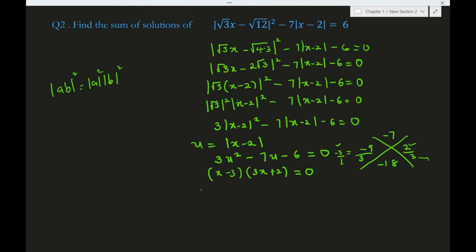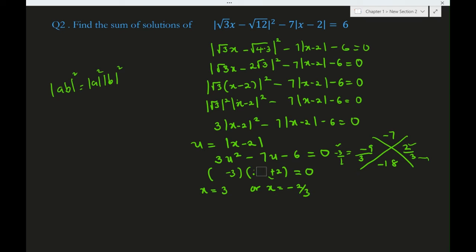Okay, now this means that x equals 3, or from here, we can get that x is minus 2 over 3. Simply, what did you do? The 3x plus 2 equals 0, you get x is minus 2 over 3. Okay, now we bring back u. Oh, this is not true here.